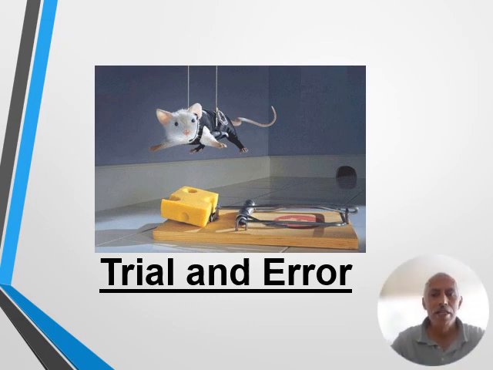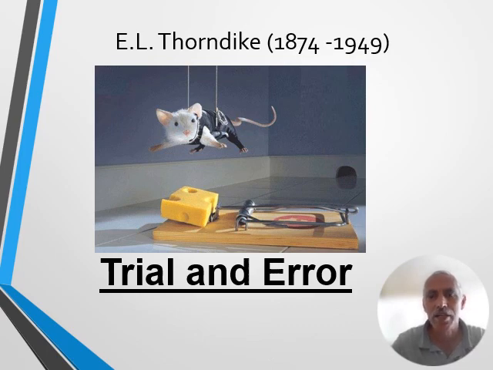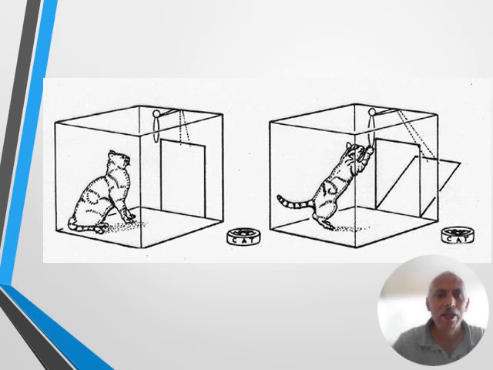Now, the second one is trial and error, and this is the person, E.L. Thorndike, who comes up with this one. It's called a trial and error one. Now, what happens is you have a cat here. So you put a cat into a box. She's closed in there. Now, obviously a cat, she wants to go out.